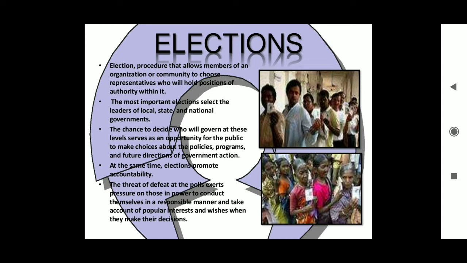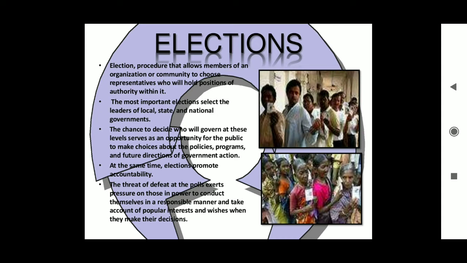And then we see that this threat of defeat at the polls or the elections definitely puts pressure on the existing political party or the rulers in power to act in a responsible manner and do public welfare, so that they could get more votes from the people for running the government.